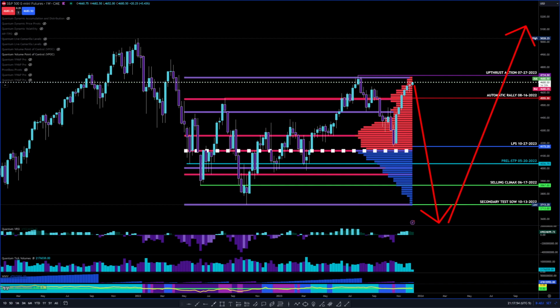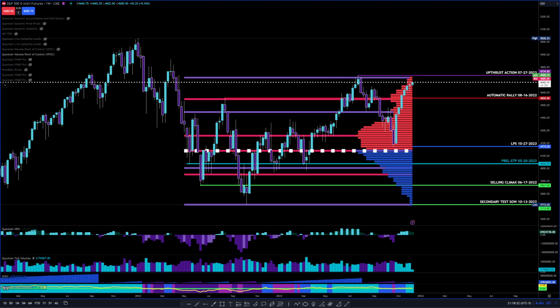Now, we're not getting that, so we have to be wary of if they're actually going to do that in the future. So maybe this is a little Christmas Santa rally kind of stuff going on here, and it'll probably get up to this level. And next year we could see some big downward movement before we actually break out again, right? So that's something to consider going forward in the new year.